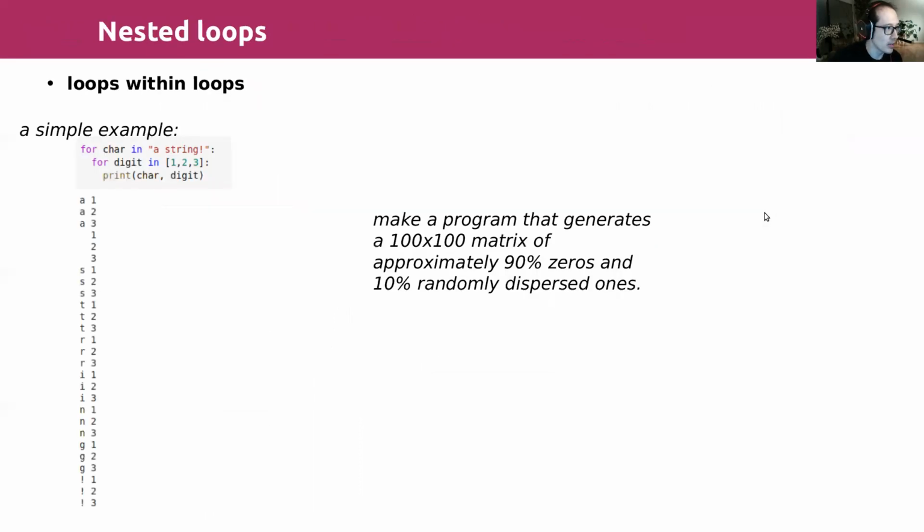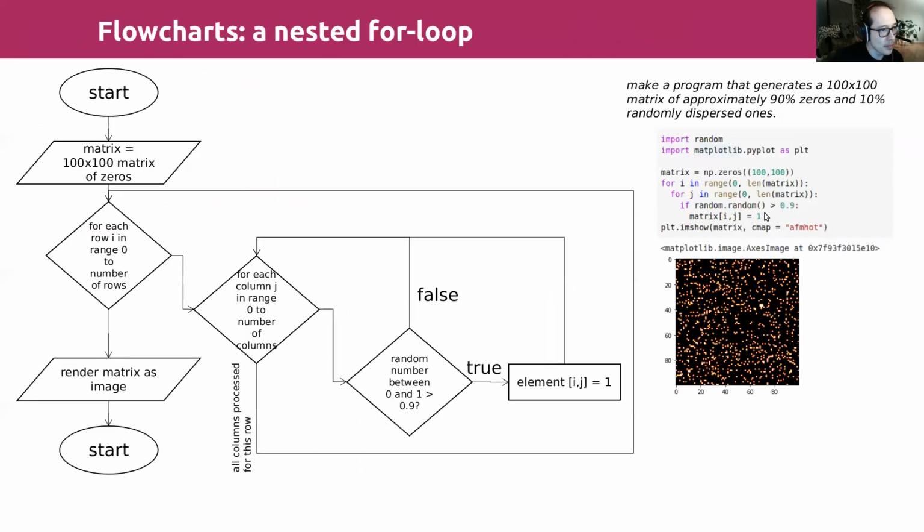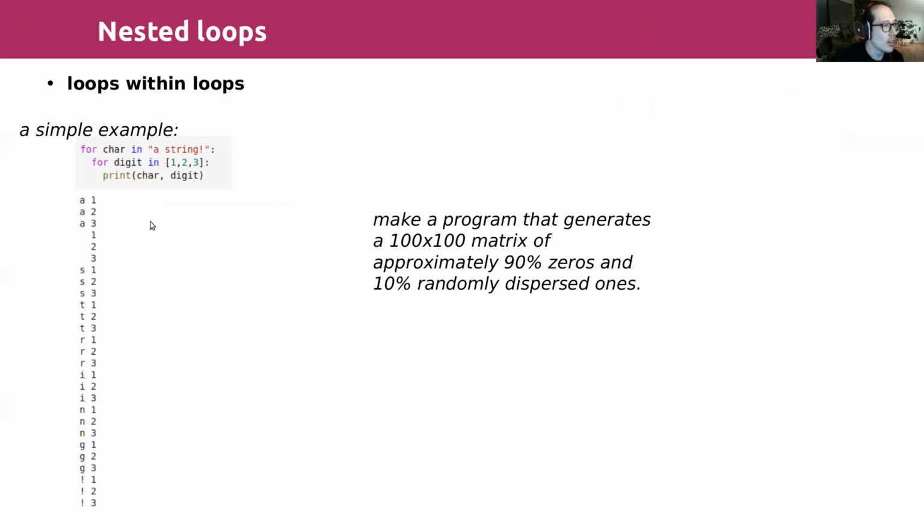You guys have already encountered this. What you haven't encountered are nested loops. A simple example is this. Let's say we have a string and we're looping through it. We have our iterator here, char for character, which is going to take on the values A, space, S, T, R, I, N, G, exclamation mark.